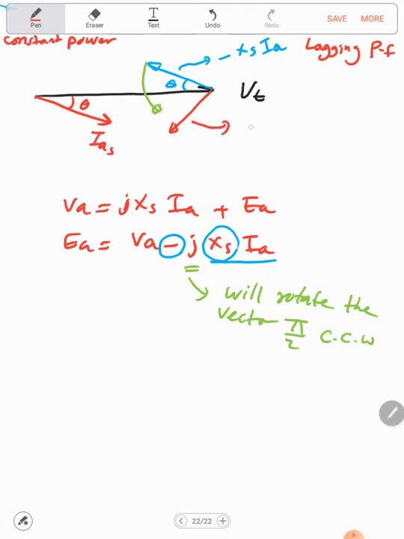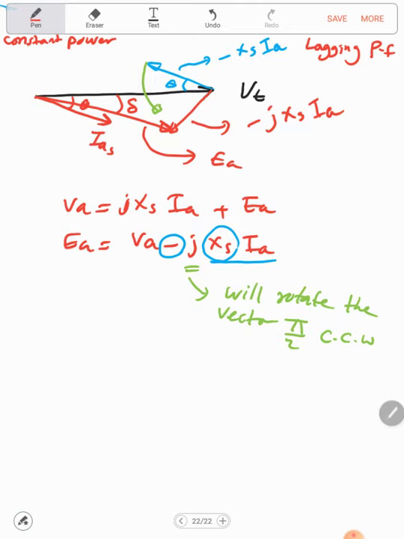So this is minus jXS IA. If I close the triangle here, I get this is the EA and this is delta. So this is how we plot the phasor representation.